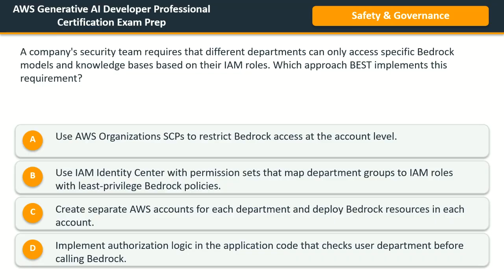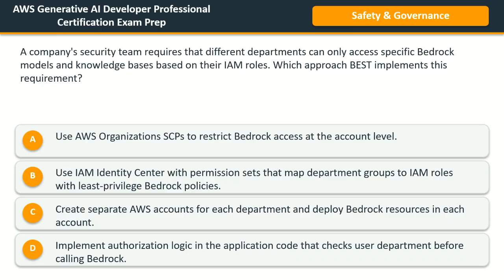This is a classic enterprise access control question. The requirement is department level access. The control must be based on IAM roles, and it must apply directly to Bedrock models and knowledge bases. That immediately rules out any application-only controls. IAM Identity Center is designed for this exact scenario.